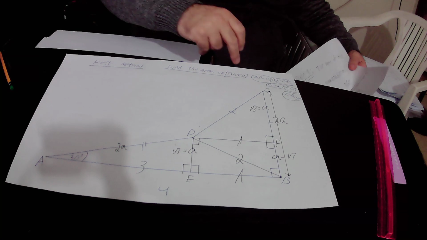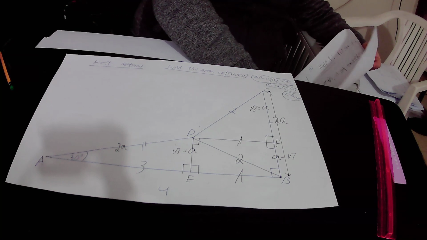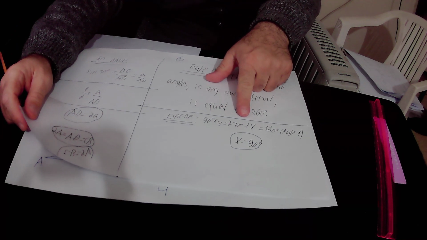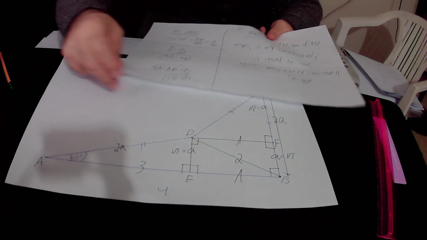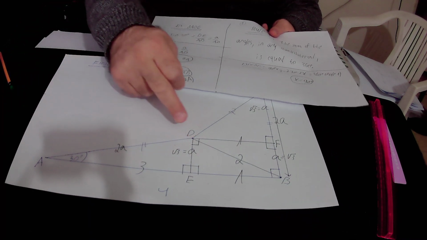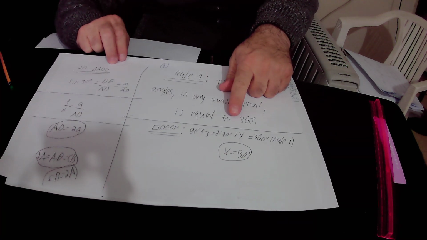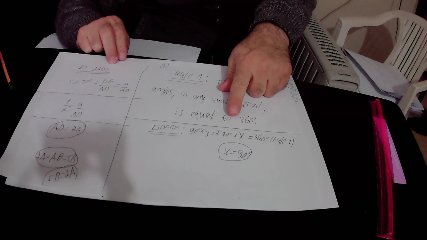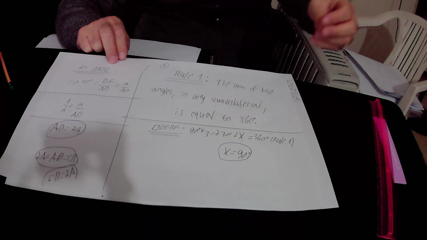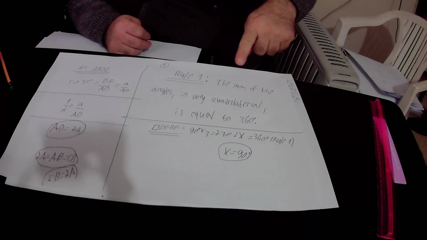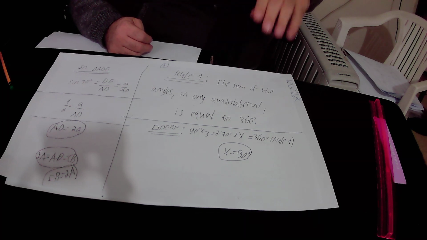The sum of 3 right angles is 90 degrees times 3, which is 270 degrees, plus the size of this angle that we define as angle X. So the sum of all angles in quadrilateral DEBF must be equal to 360 degrees according to rule number 1.